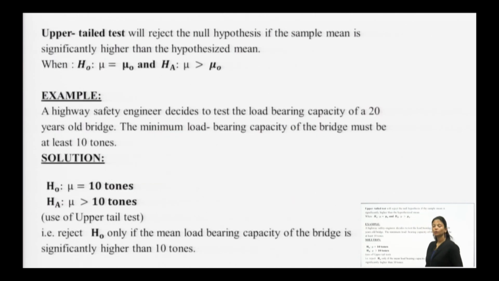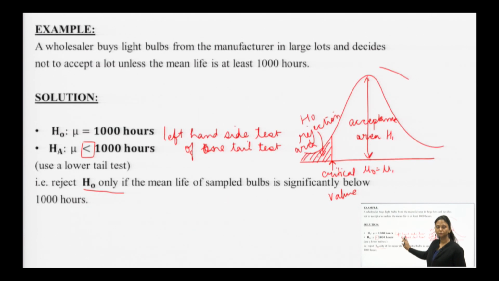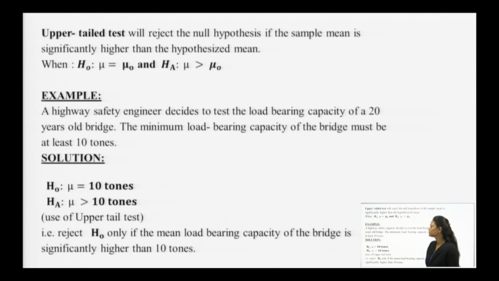This was the left hand side tail which we have just studied. Next comes the right hand tail test, in which we reject the null hypothesis if the sample mean is significantly higher than the hypothesized mean.